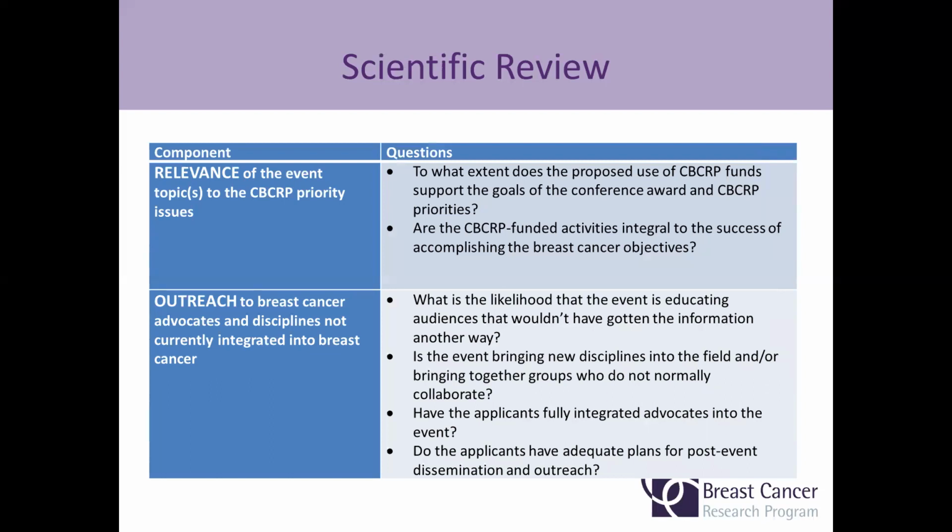So they're going to be looking at how CBCRP funding is going to contribute to the breast cancer portion of the event and the relevance of that portion of the event to CBCRP priorities, and how integral the CBCRP funded activities are to the success of accomplishing those breast cancer objectives.